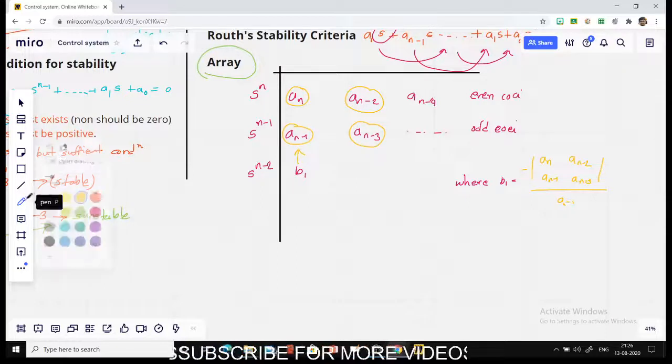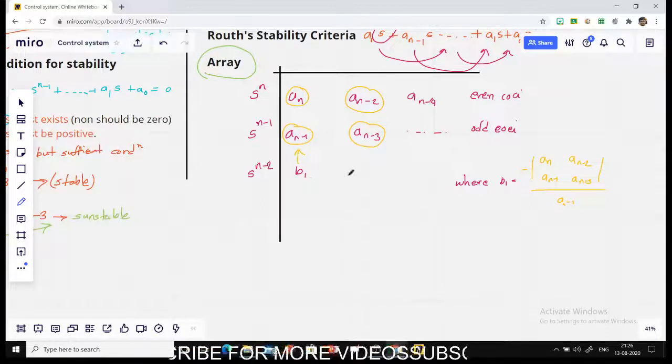Similarly, you can have b2, where b2 will be minus the determinant.